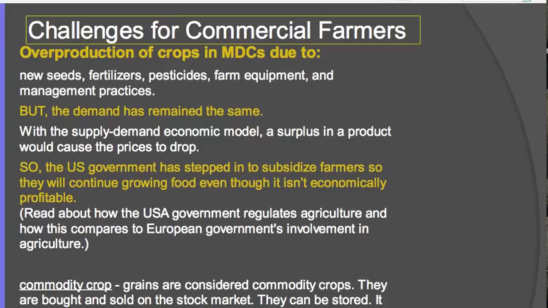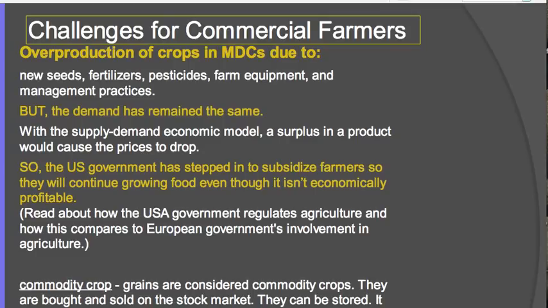The subsidies go to commodity crops, and commodity crops are things that can be traded. Usually they are bought and sold on the stock market. There's about 20 commodity crops, and they're mostly grains. There's things that can last a long time. They won't spoil.